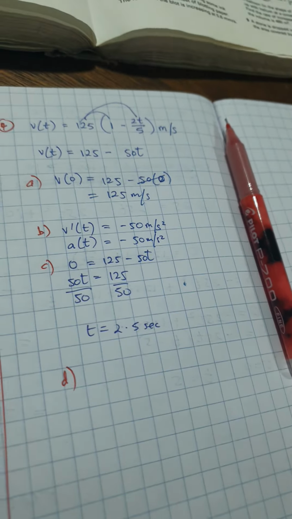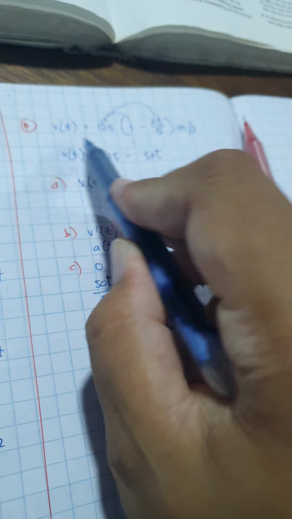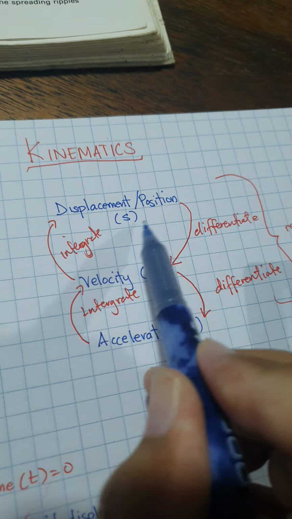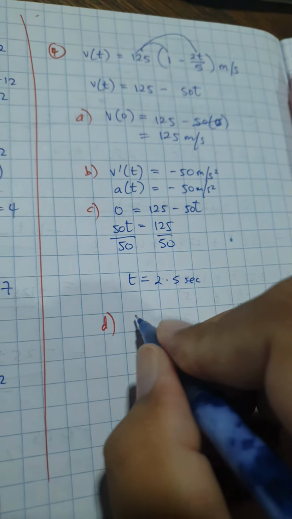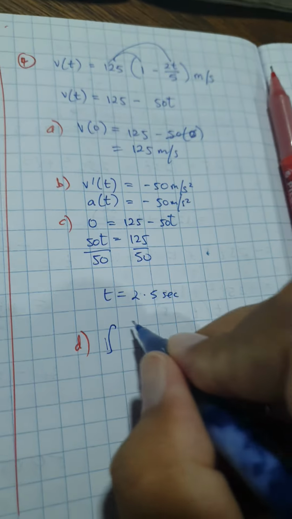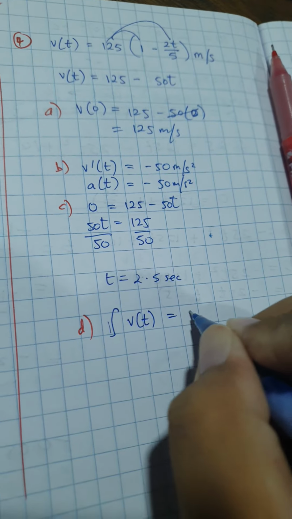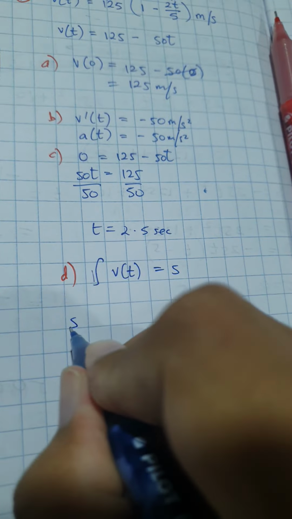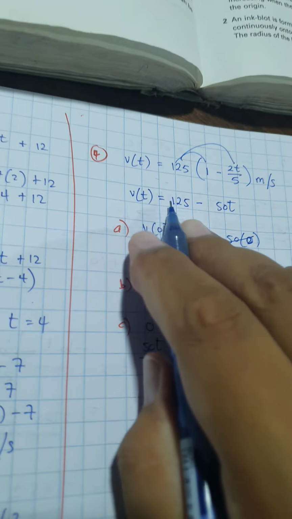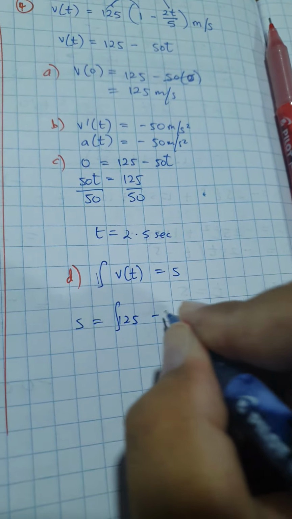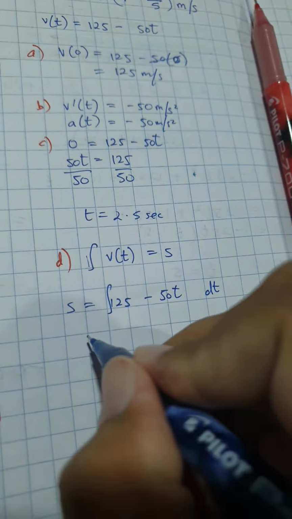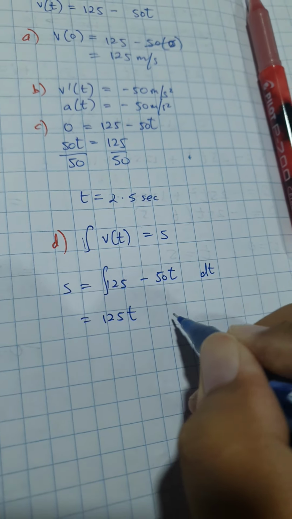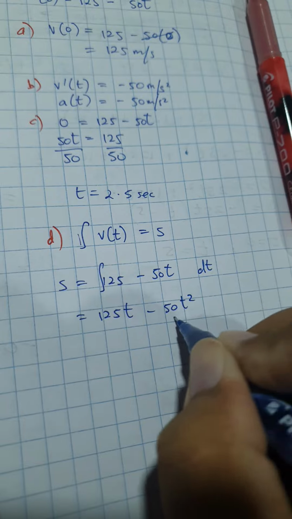So we need to integrate the velocity formula to get the distance formula. The distance formula equals the integral of 125 minus 50t dt.